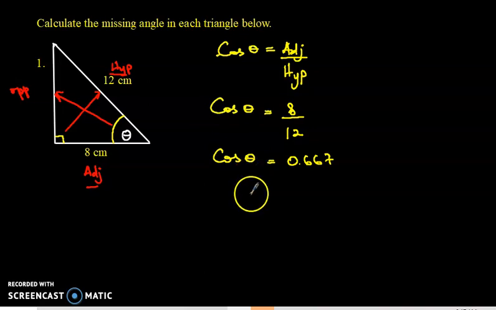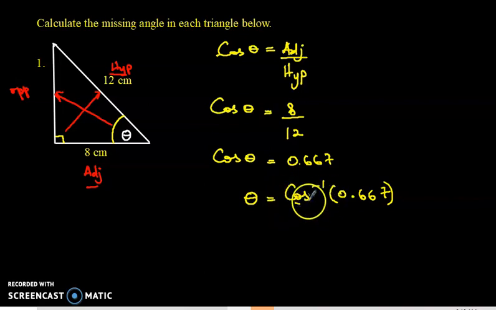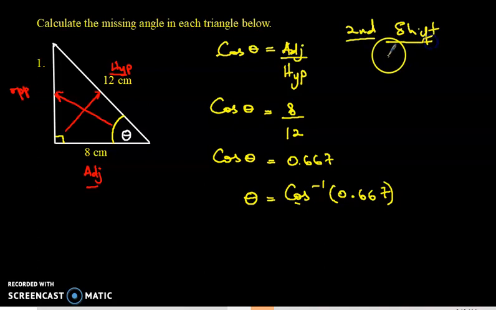So theta is equal to cos inverse 0.667. Normally to get to this inverse function on your calculator, you press second function or shift. These buttons bring the calculator to a higher function.